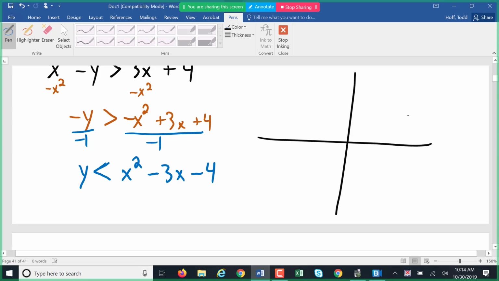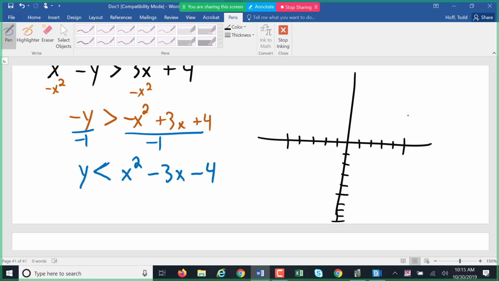Now we have several strategies for graphing this. We know this is going to be a parabola. We could complete the square and get it into graphing form, or we could just find the roots. To find the roots, remember we put in 0 for y.